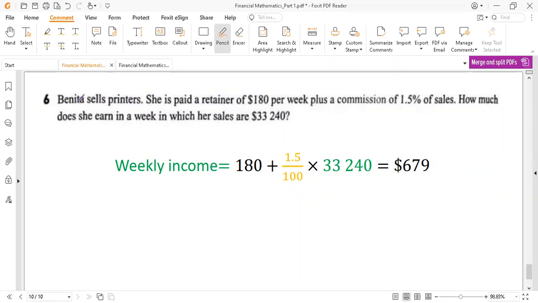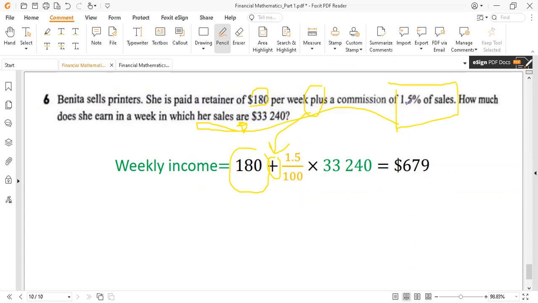For example, Benita sells printers. She's paid a retainer of $180, the fixed one, plus a commission, so it is an additional payment. The commission is 1.5% of sales, of value $33,240.